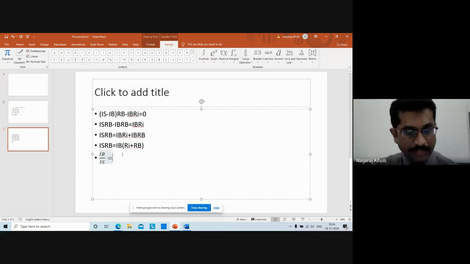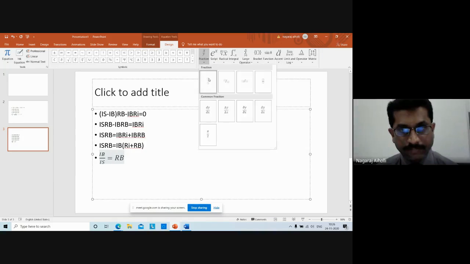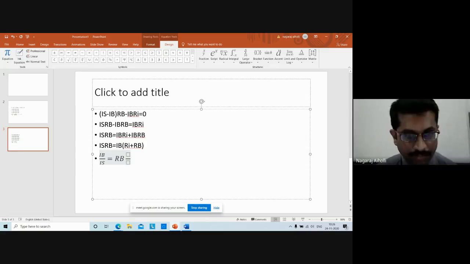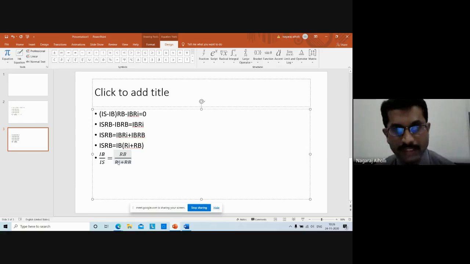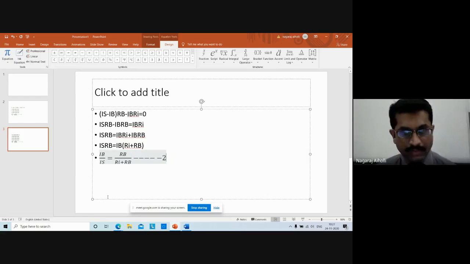That is RB divided by RI plus RB. Therefore, IB by IS is equal to RB divided by RI plus RB, or RB plus RI. Take this as equation 2, whatever we have got.